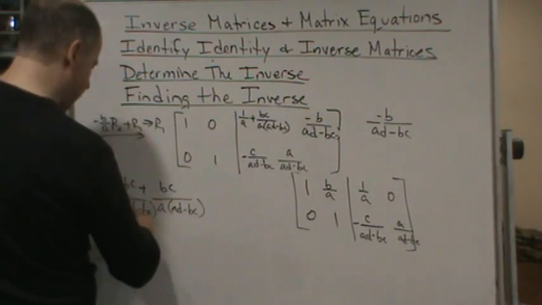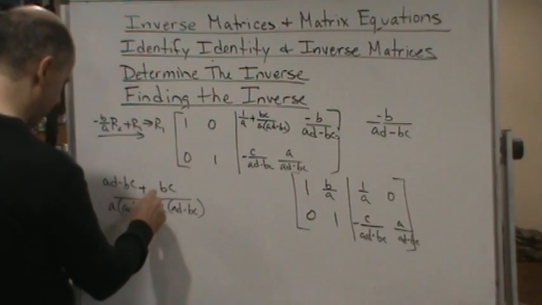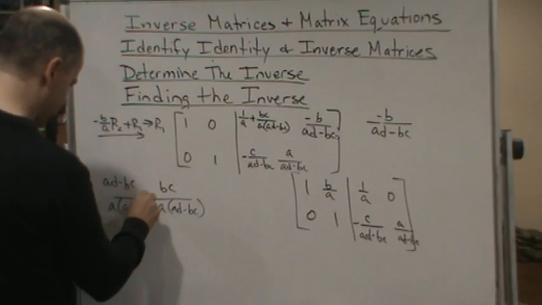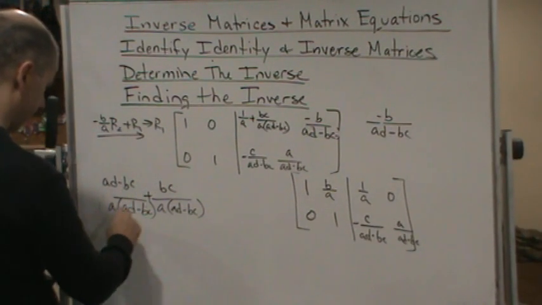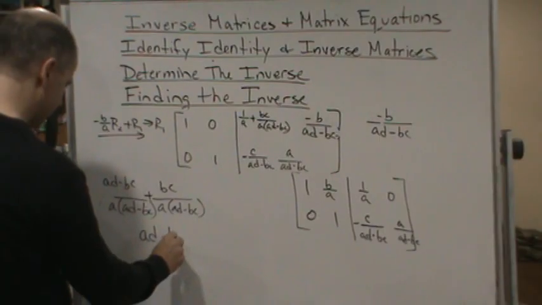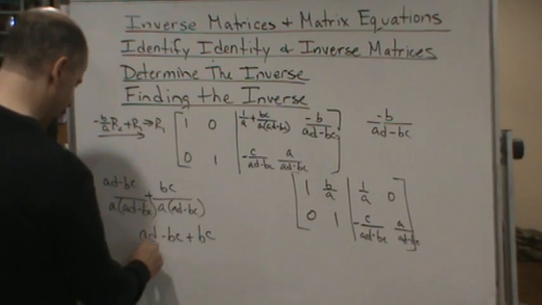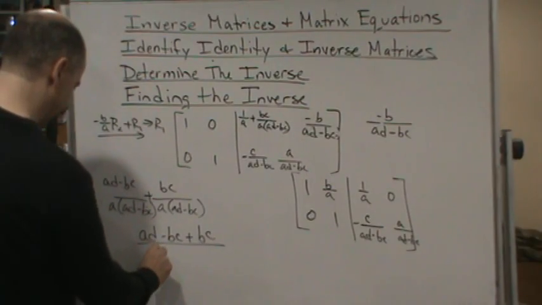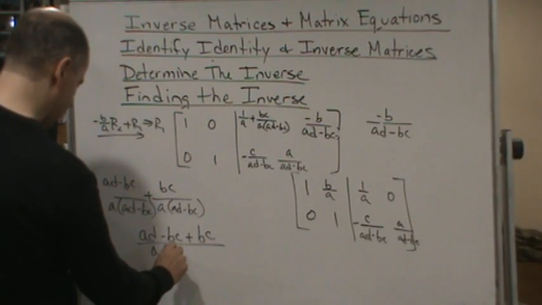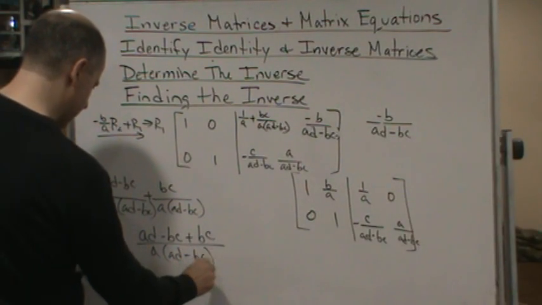So now I'm going to put this as one fraction, because this is just addition. So this is going to become AD minus BC plus BC all over A times AD minus BC.